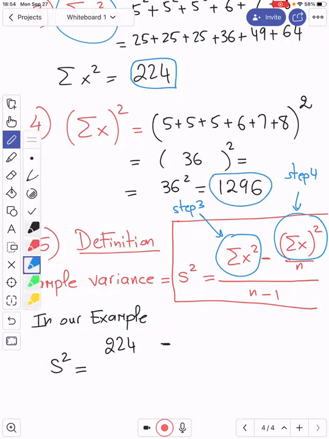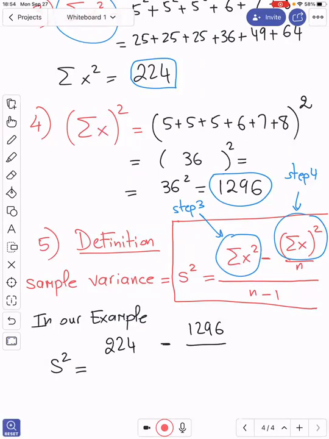So here it's 1296 over n. We divide 1296 by n, and n is the size of the sample. We had 6 data values, or 6 flowers. So n is 6.